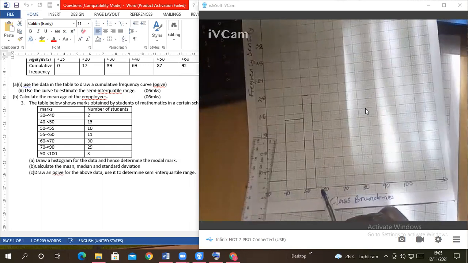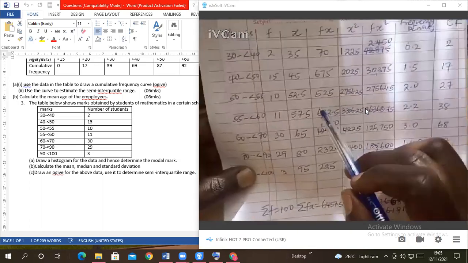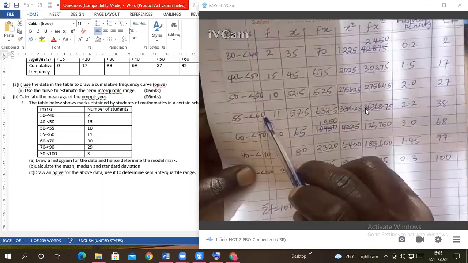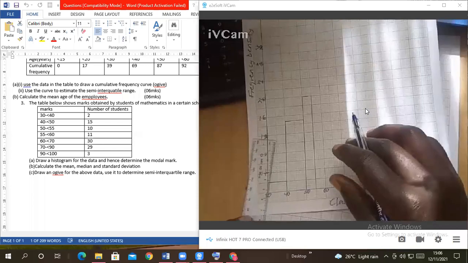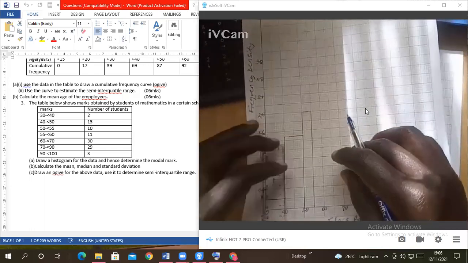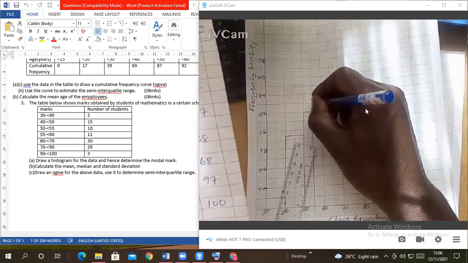Yes. Okay. Next we are going to plot 2.2 against 60. So we look for 2.2. 2.2 is right here. 60 is here, down there.